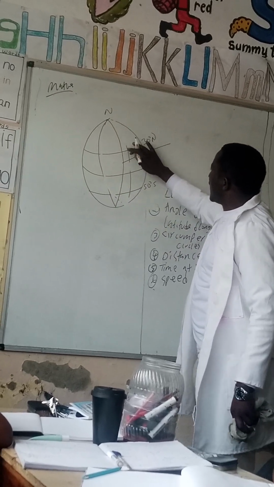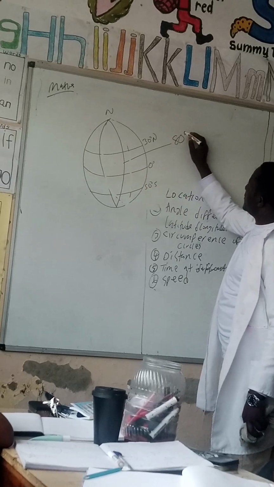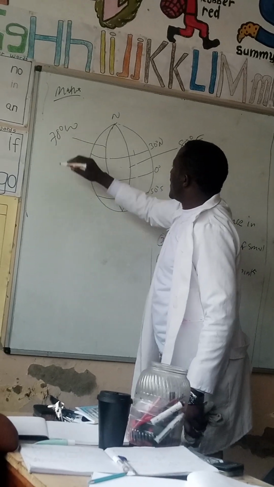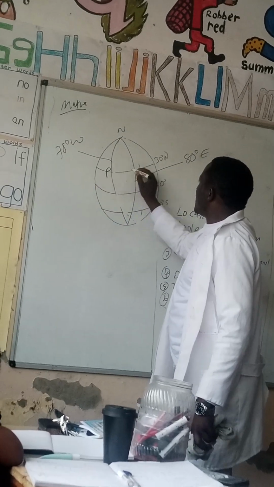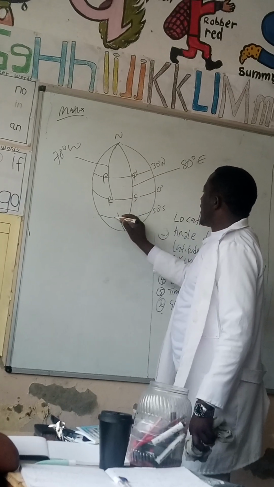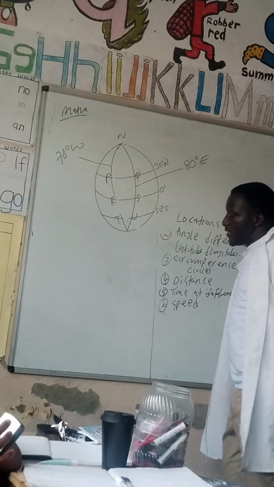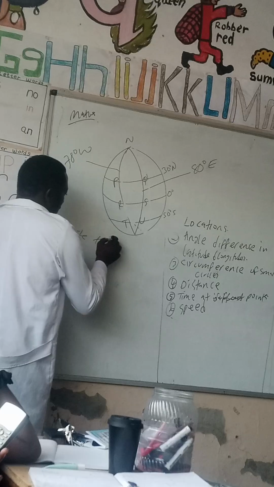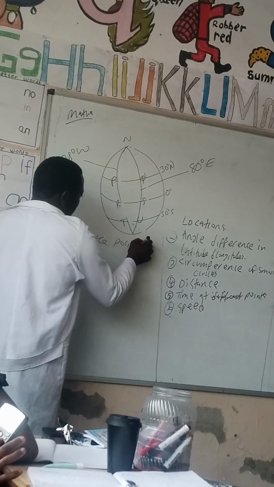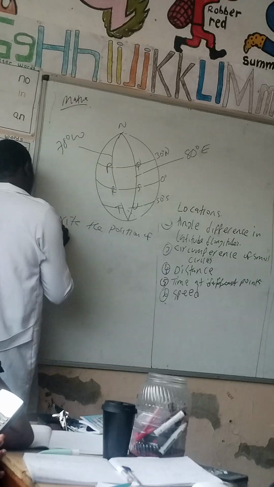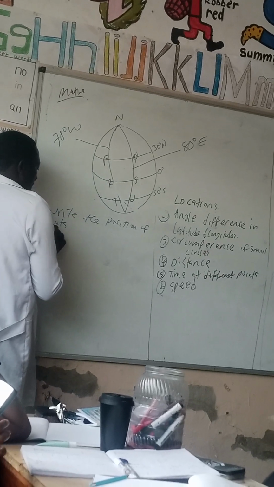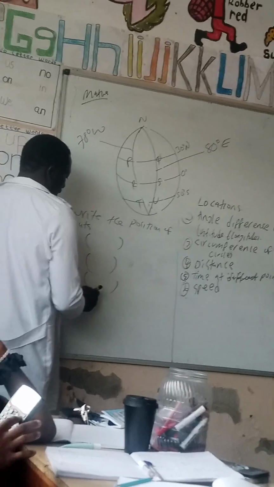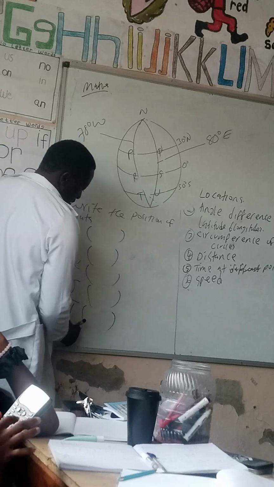Let's say this is 80 degrees east, maybe 78 degrees west. They use random numbers. Imagine there's P, Q, R, S, T, U. And then the question says, write the position of point P, Q, R, S, T, U.